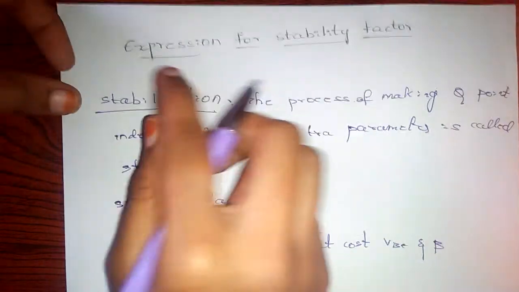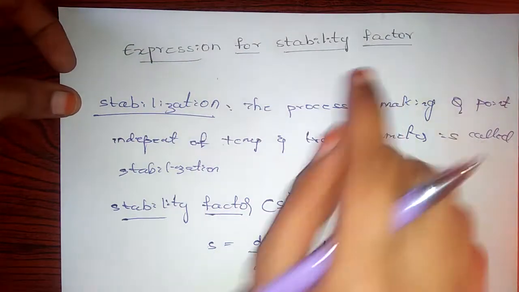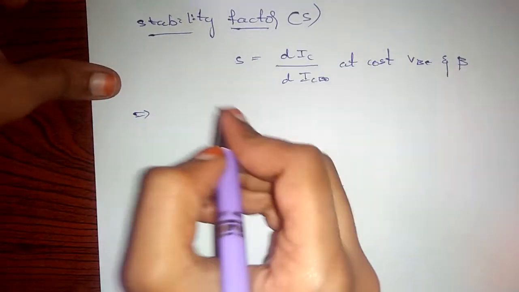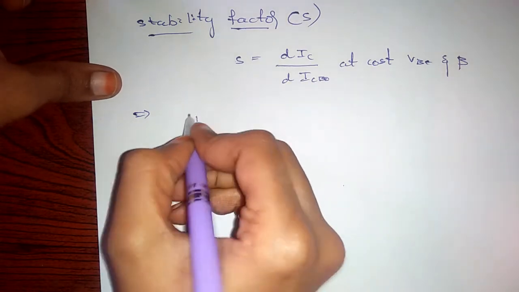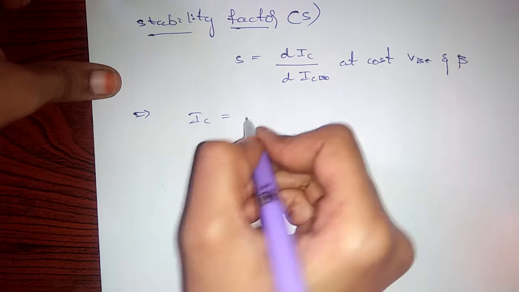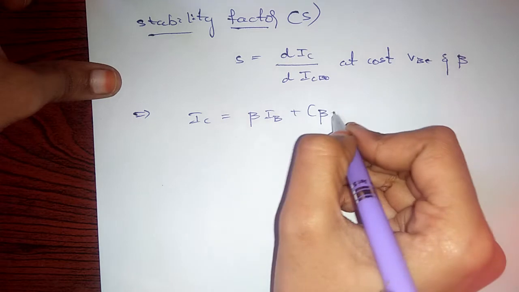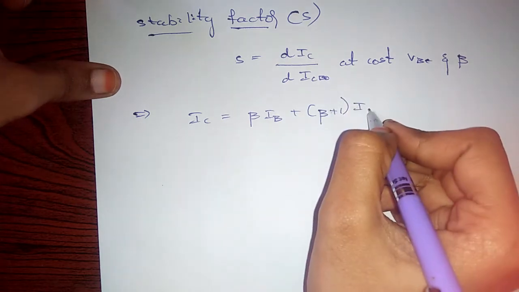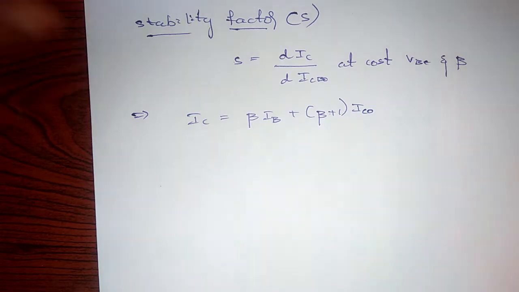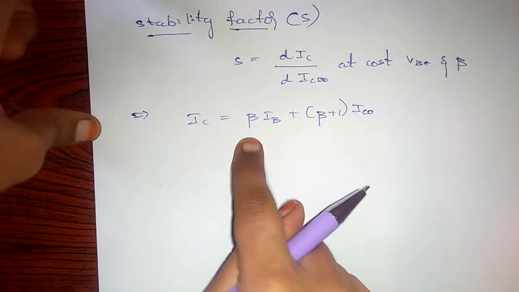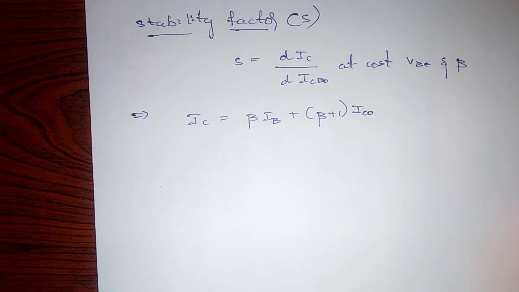Now we have to get the expression for the stability factor. We take the expression for the collector current: IC is equal to beta IB plus beta plus 1 into ICBO, the leakage current. You get this expression if you make IB equal to 0, and substitute ICEO as ICBO by 1 minus alpha.